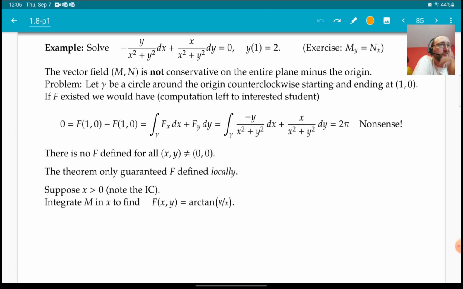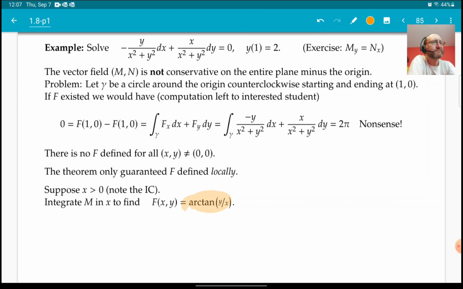And actually, if you integrate M in x, you will find arctan, and you will find that that's the same thing as integrating N in y. So this actually already works. You can double check that. So at this point we could take the constant of integration to be just 0, right?